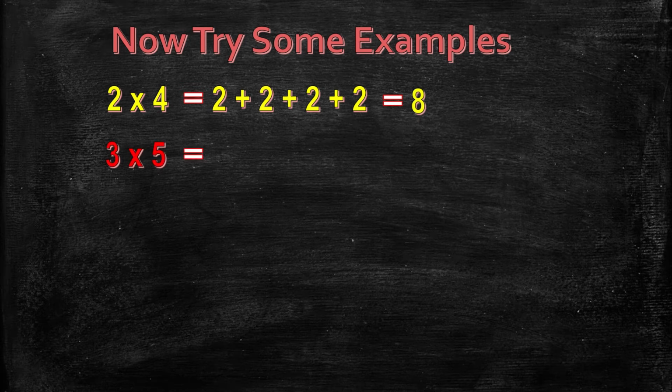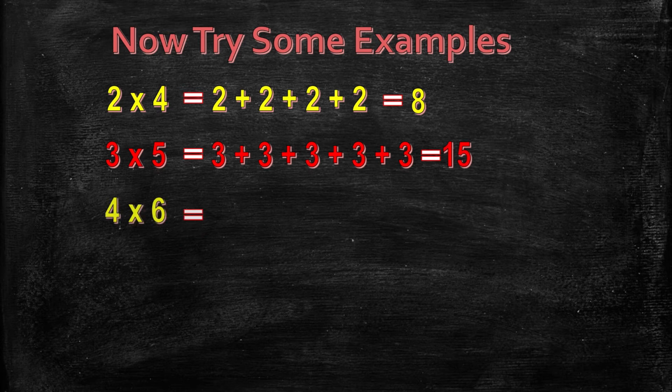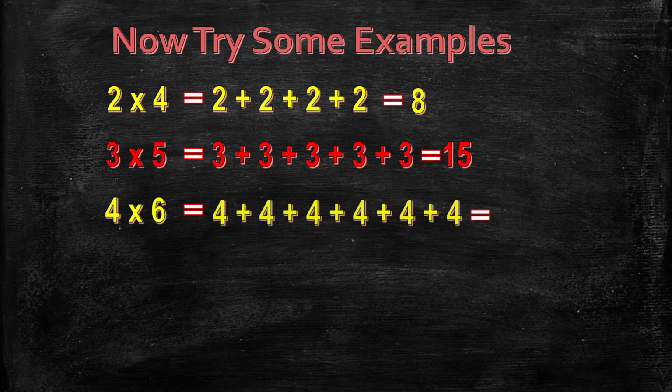Here we have 3 times 5. We have 5 3s, and that equals 15. Here we have 4 times 6. We add the 4s up 6 times, and that's going to give us 24.